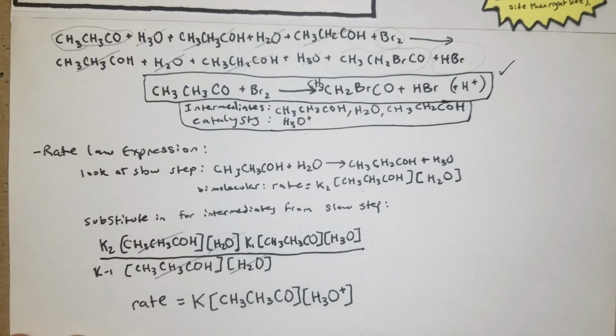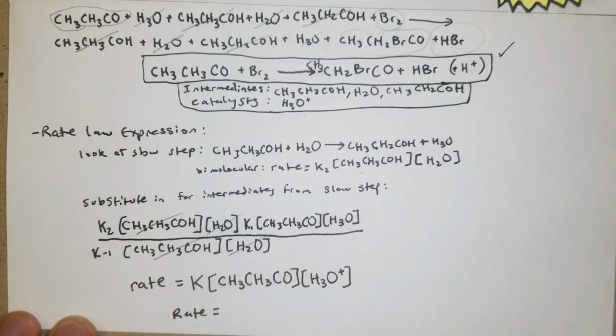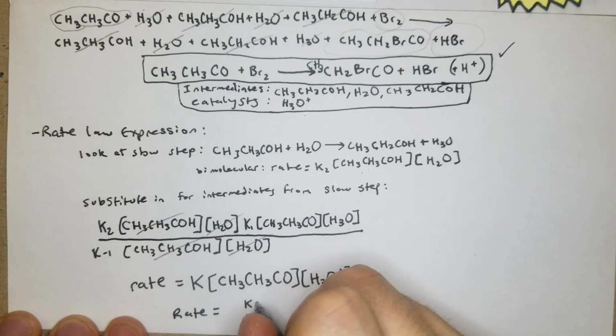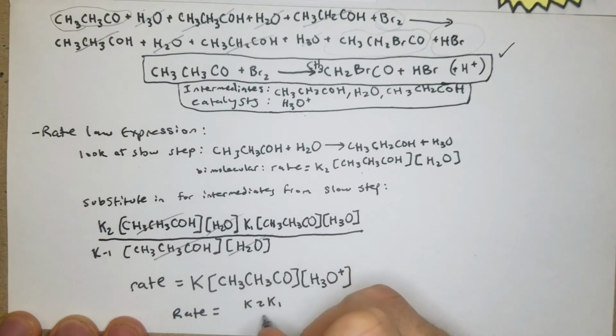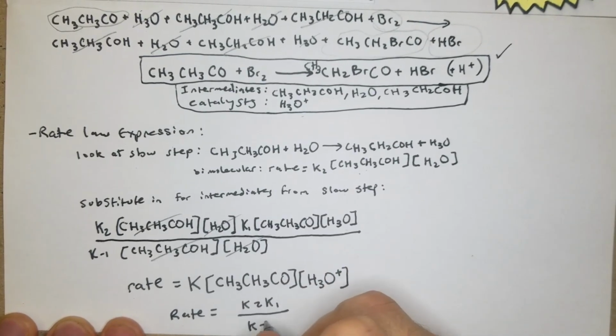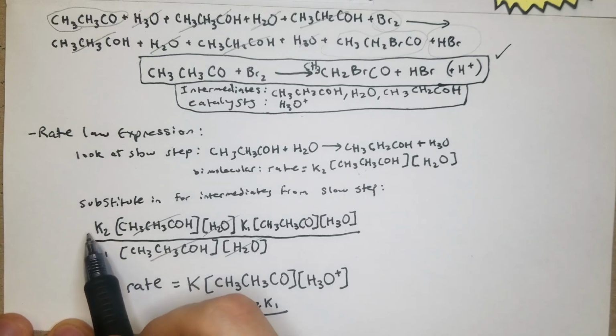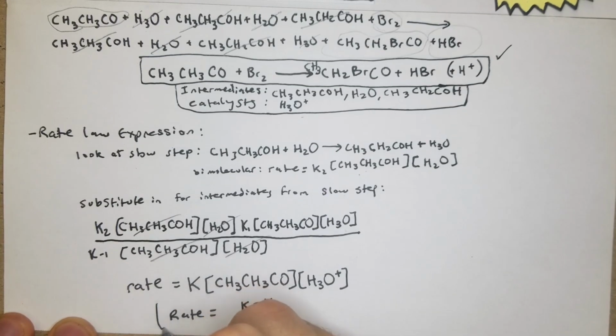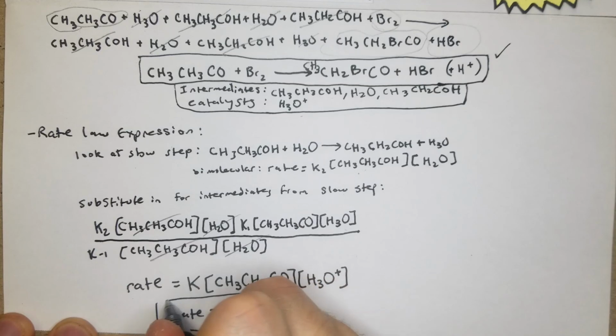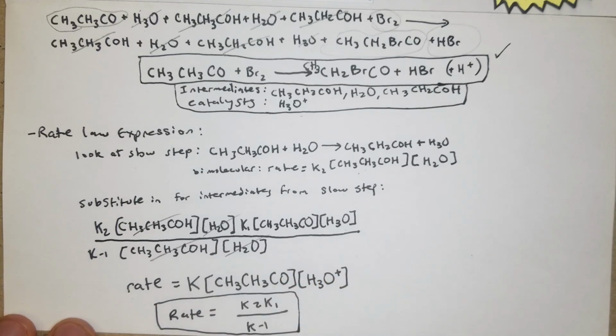And then rate is equal to K2 K1 over K minus 1, which is what we used here. So we're just taking the K's, and there is our final answer for that.